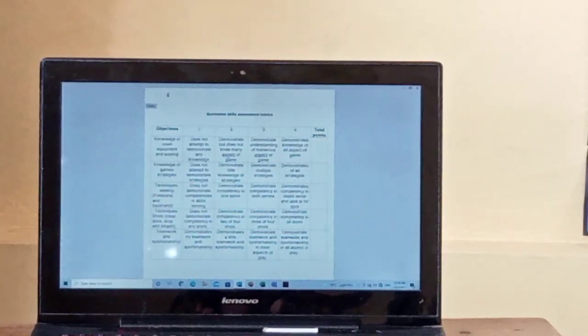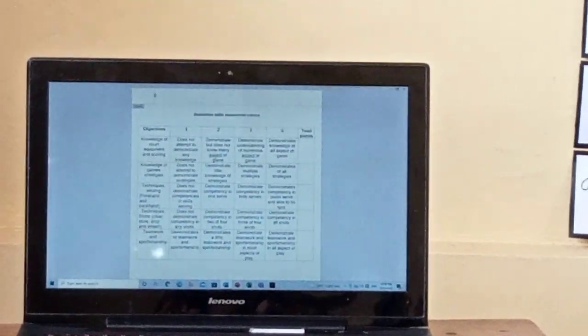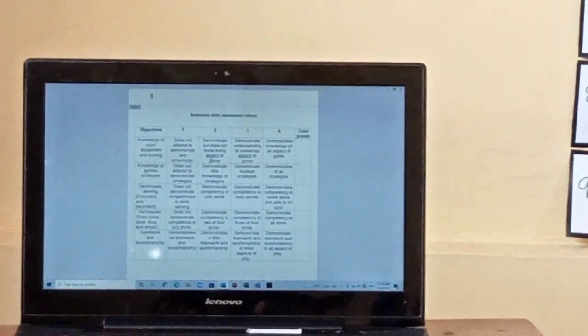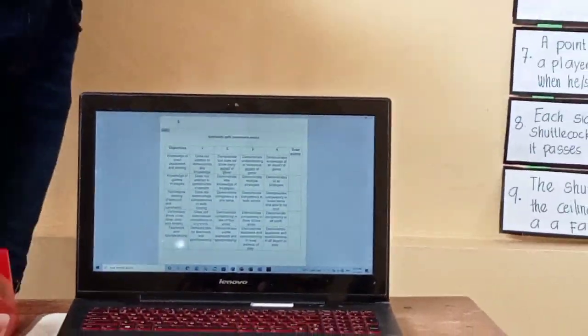In the slides, there are 4, 3, 2, 1. So this will be your corresponding points if and only if you perform the game well.